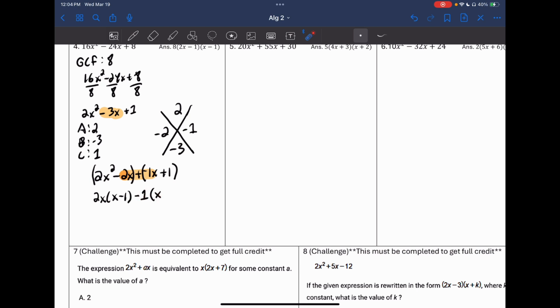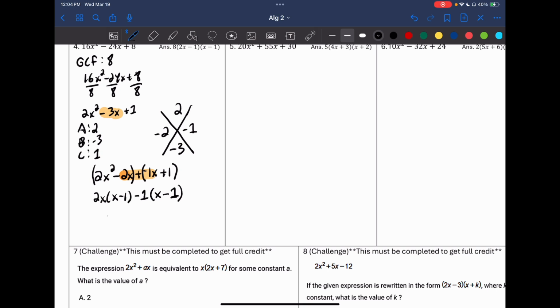Now, importantly, we need to adjust the sign of the second term to make sure that it multiplies back to what we want. So if we want this to multiply back to positive 1 and we have a negative 1, that means that we need a negative 1 inside the parentheses. We want a negative 1 inside the parentheses, so that when we multiply by the negative 1 outside, we get back to the positive.